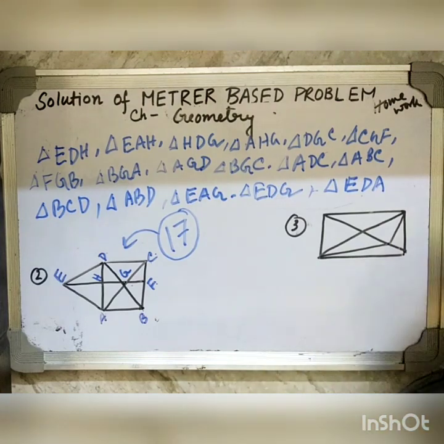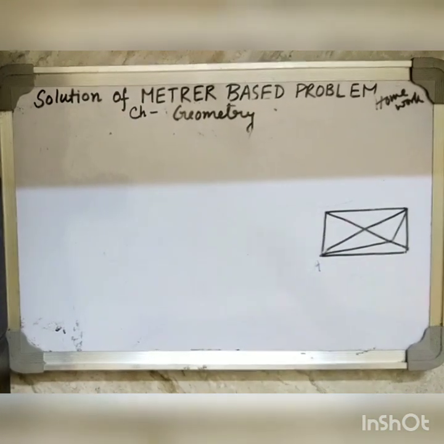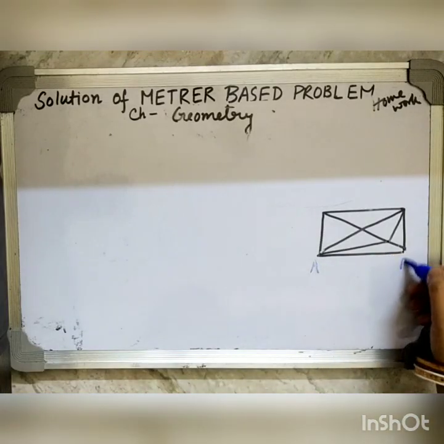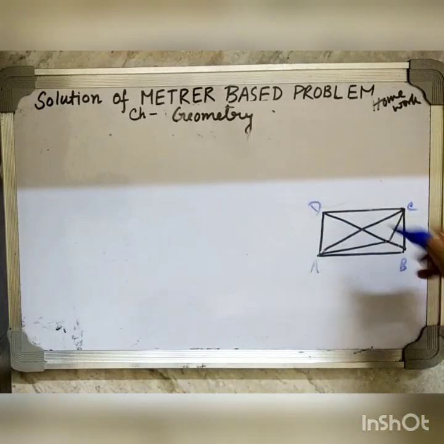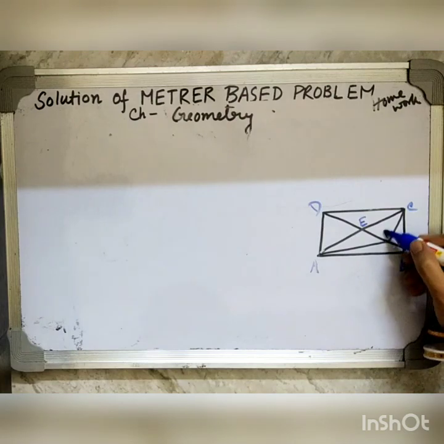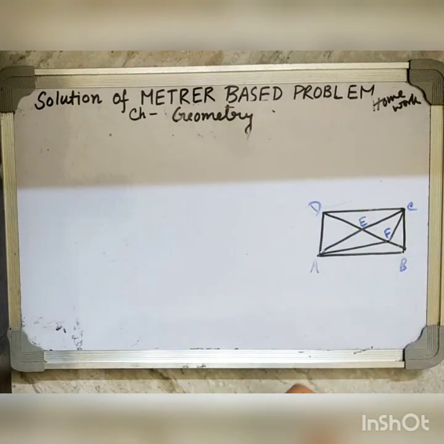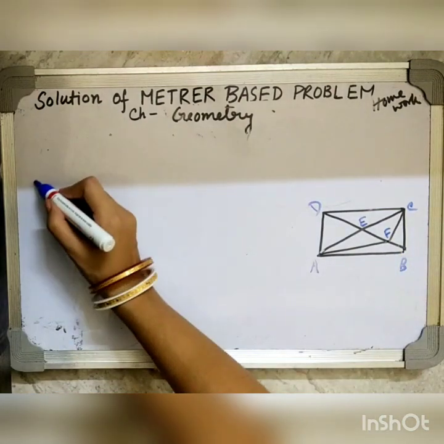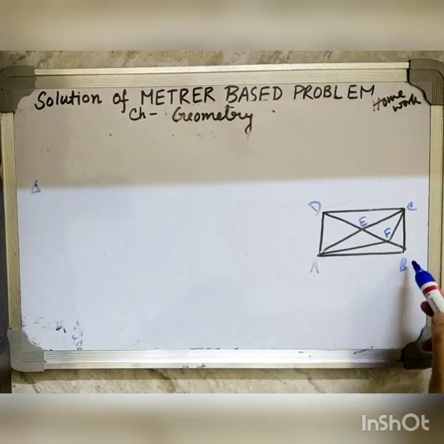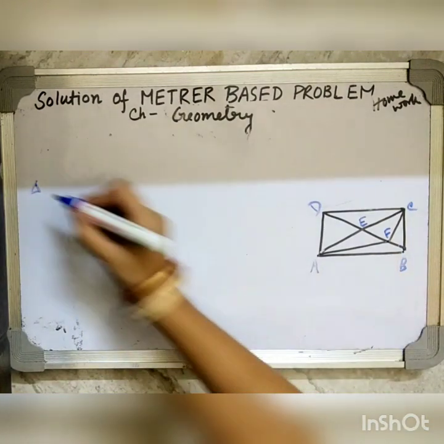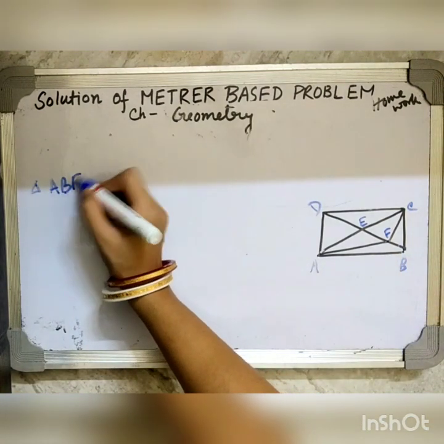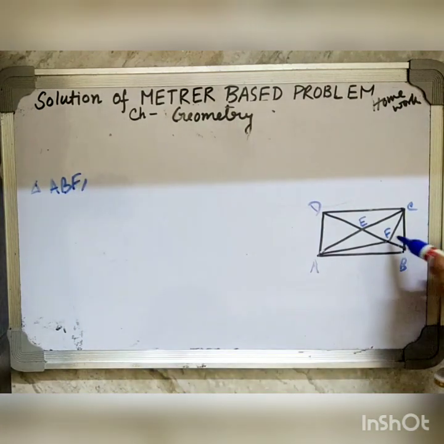Okay. Now for this one let's do it. Let's give it a name. A, B, C, D, E, F. Okay, I have already given names. So let's start finding the triangles. Triangle ABF. Now BFC.